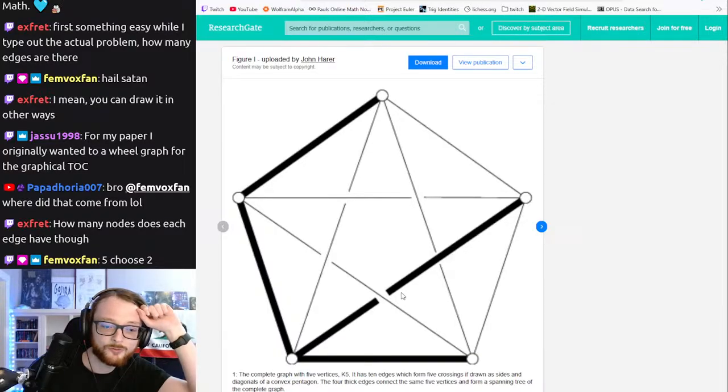5 choose 2. Oh, you know, I feel like I've seen that before. I don't remember why that is. Let's just count them the old-fashioned way: 1, 2, 3, 4, 5, 6, 7, 8, 9.